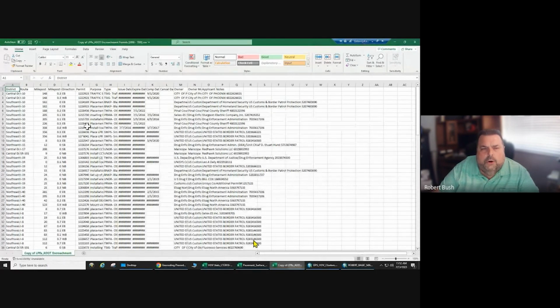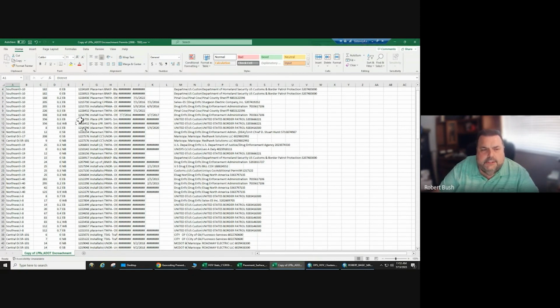This is LPR, or license plate reader data. Any agency that wants to put a license plate reader somewhere in our right-of-way for traffic, whether it's the feds, enforcement, police, anything like that, have to go through ADOT to get a permit to do it.